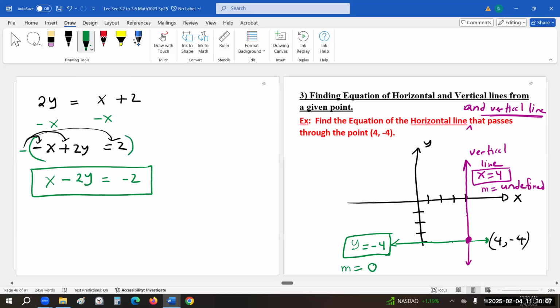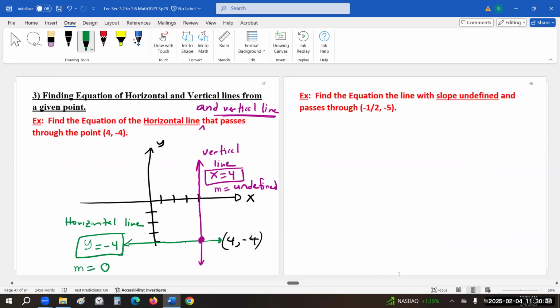So the green one is a horizontal line. Horizontal line. And the purple one is a vertical line. So these are too easy. Usually they don't ask this question in the final exam, usually. Okay? But you'll see this in your homework and probably in the quiz.